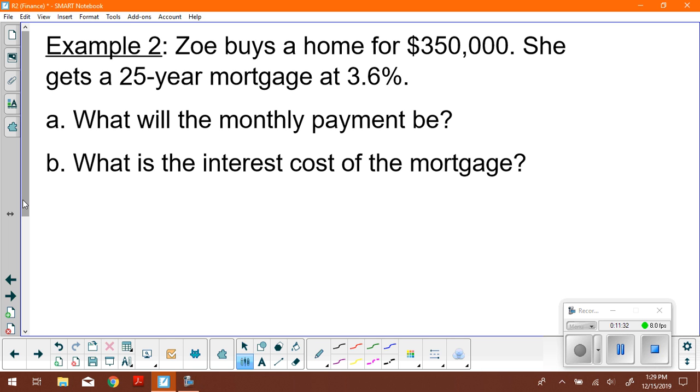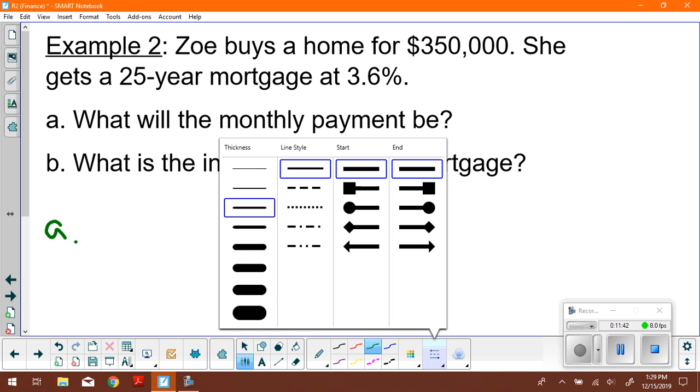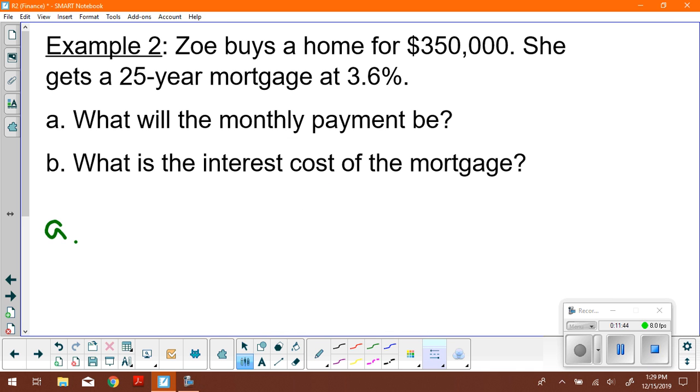But for the monthly payment, we have our information, so we'll start setting up our formula. It's a debt, so that's the version of the formula I'm going to be using. My principal that I'm borrowing for this home is $350,000. We are looking for our payment.